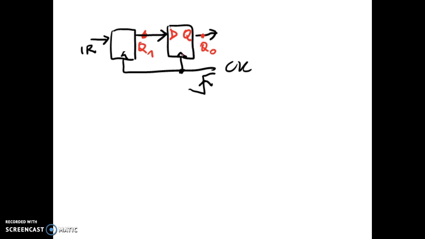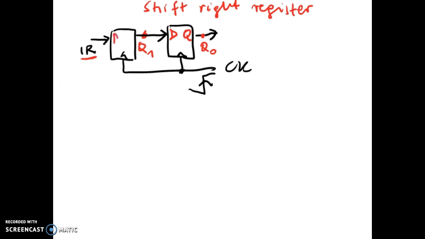It is shifted to the right, and that's why it is a shift right register. Not parallel input. You've got a serial input. It's called input right, but it is on the left. Okay, but it is called input right.